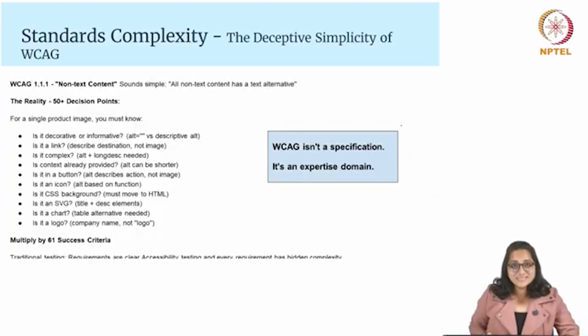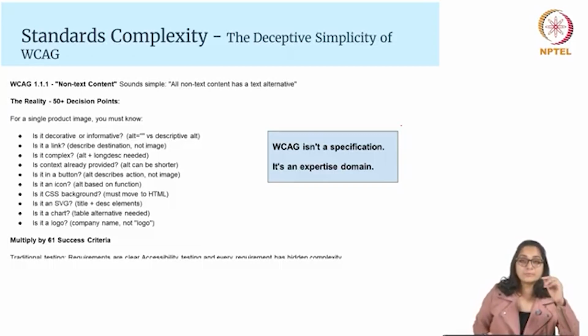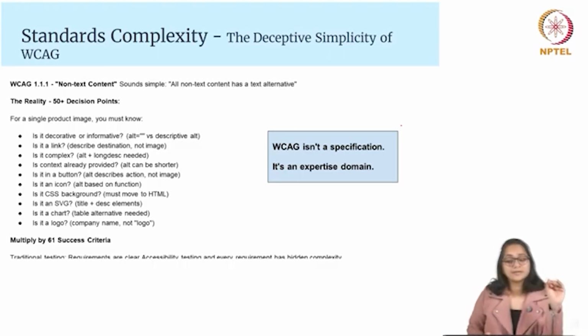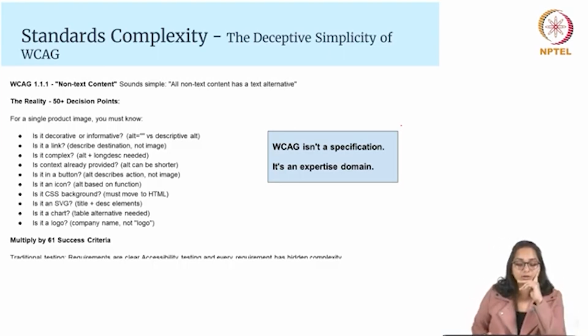So then, the complexity of the standards, or the deceptive simplicity of WCAG. The WCAG itself may require a lot of deeper understanding. For example, the first WCAG guideline or criterion just says non-text content: all non-text content has a text alternative.